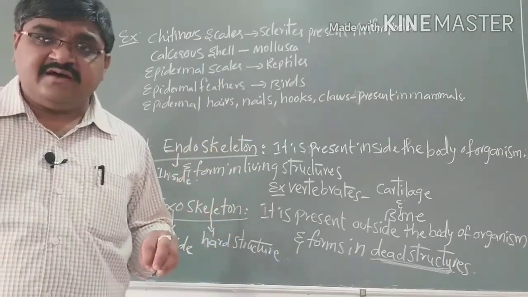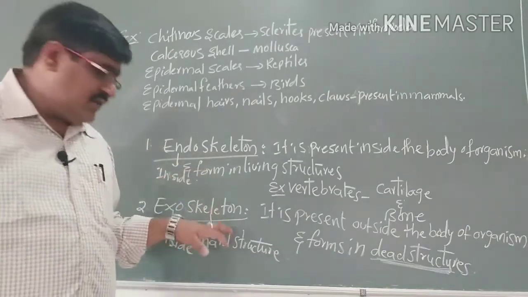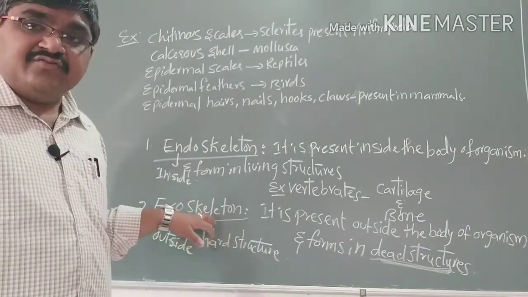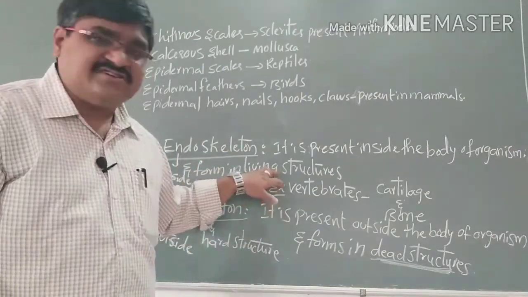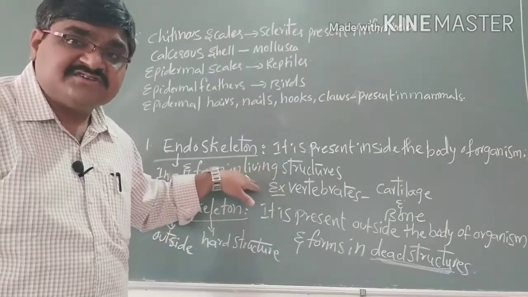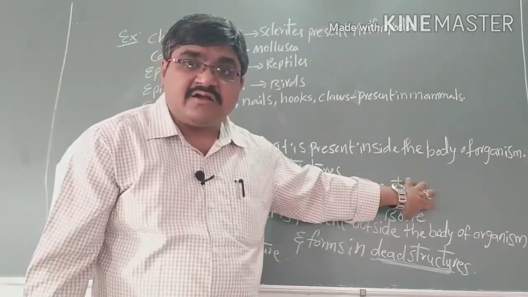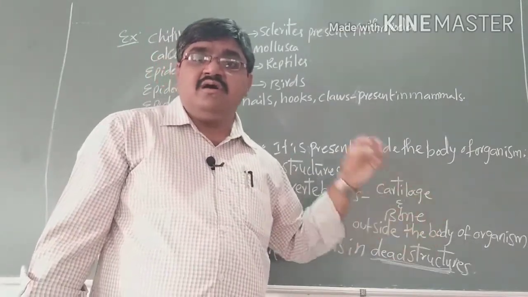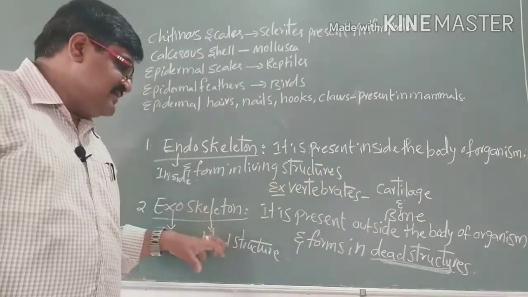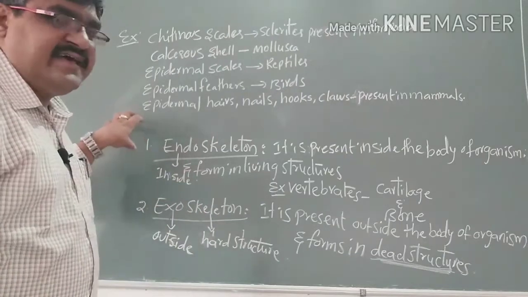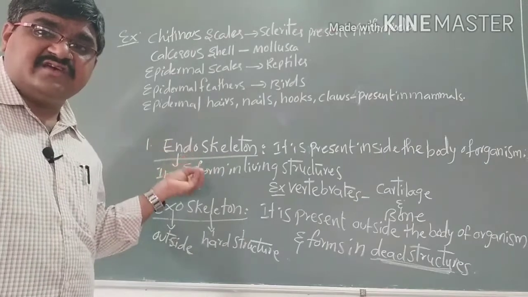If the skeleton is present outside the body of an organism, we can call it an exoskeleton, and if it is present inside the body of an organism, that is in living structures, we can call it an endoskeleton. For example, cartilage and bones. So this is about the structure of the skeleton, which is classified into two types based on whether it is inside or outside.